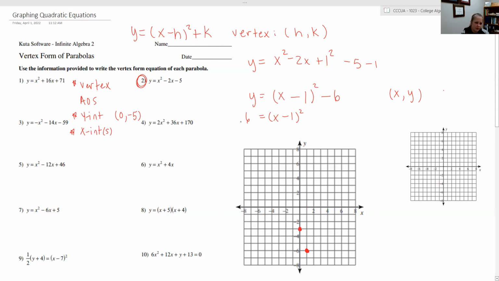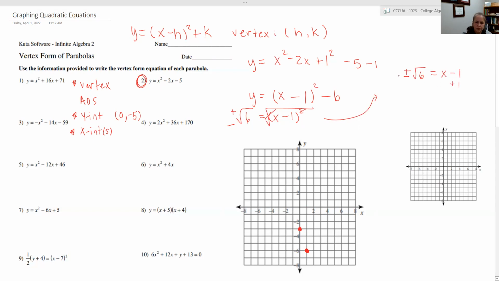To get x by itself, we're going to square root both sides. And when we square root that, that is plus or minus the square root of 6. So we wind up with, let me get myself a little more room, I've got plus or minus the square root of 6 equals x minus 1.